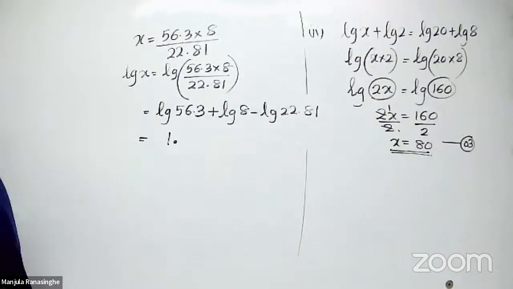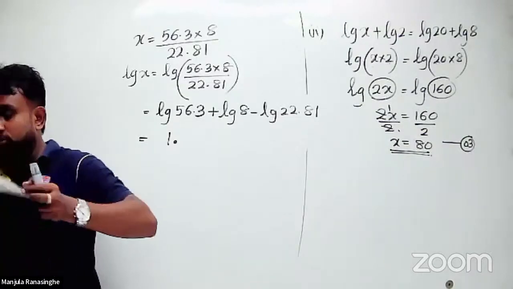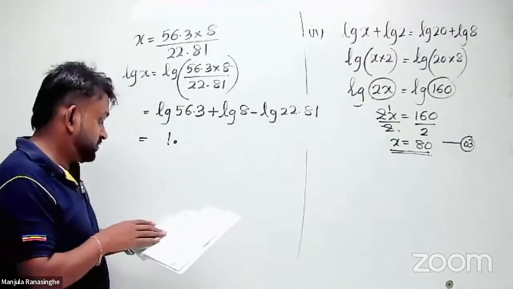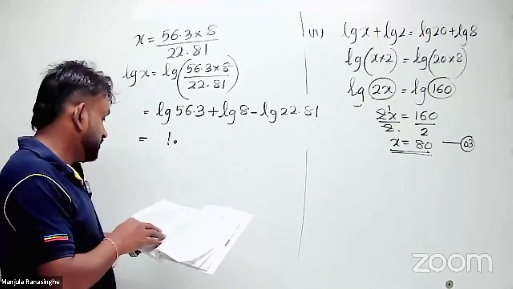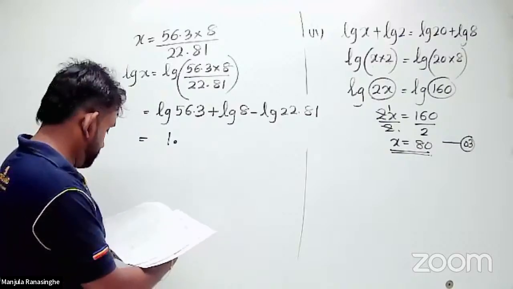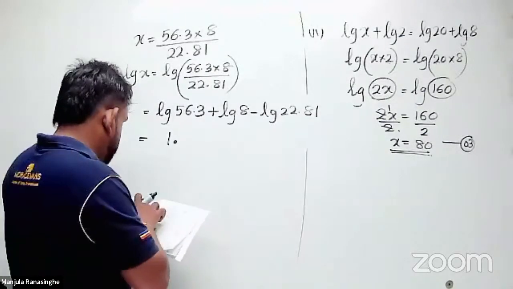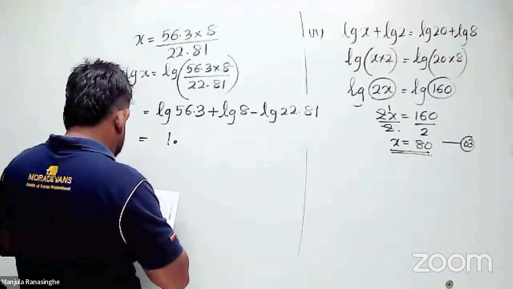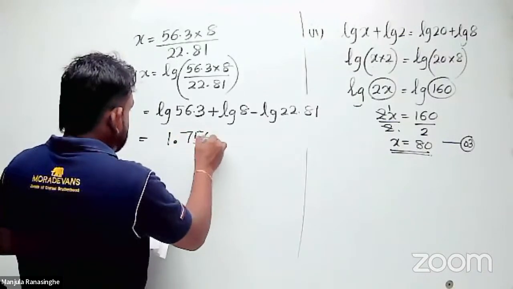Let me check the log table. So this is the log table. There I can see that 56.3 value is 7505.